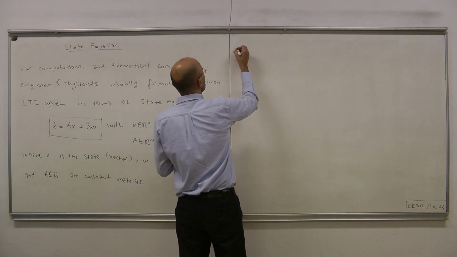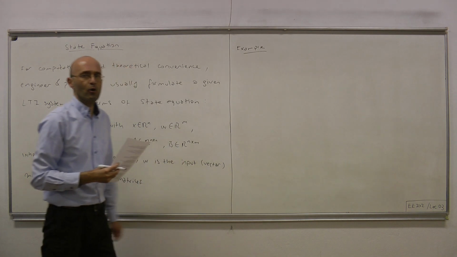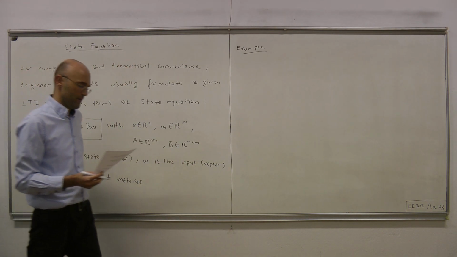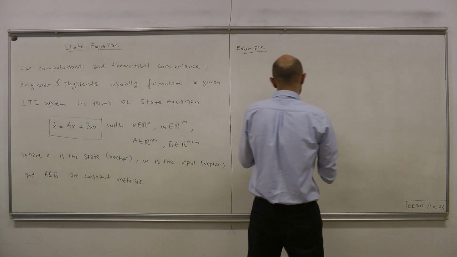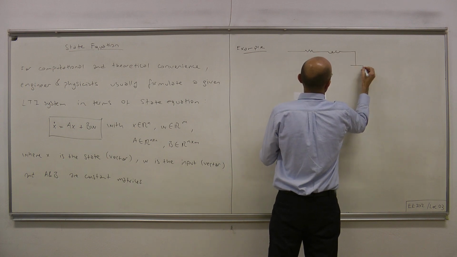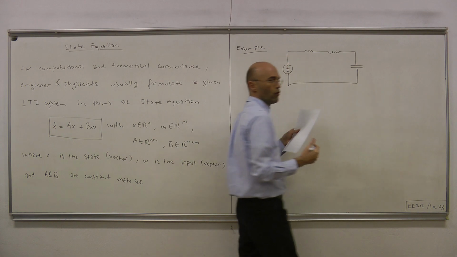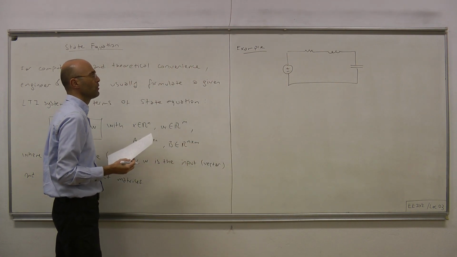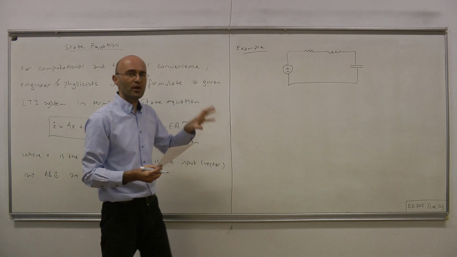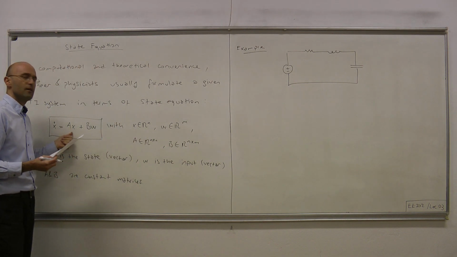Our example is a topology we're already familiar with from 201: a series RLC circuit, which we already know how to formulate and solve. But this time we will formulate it through the state equation.